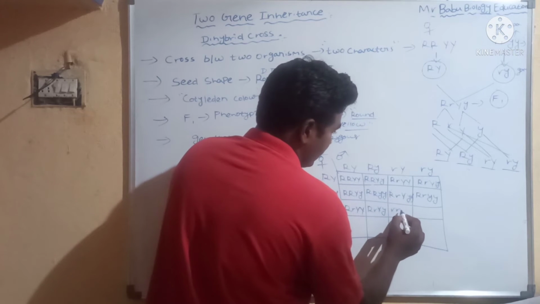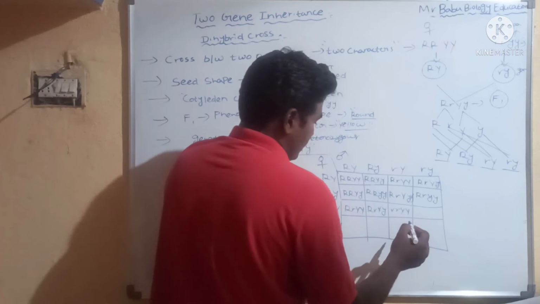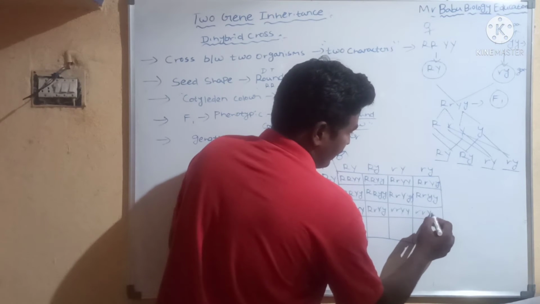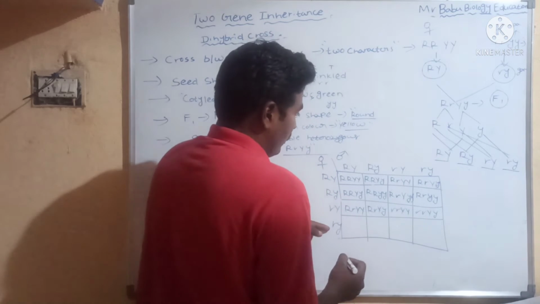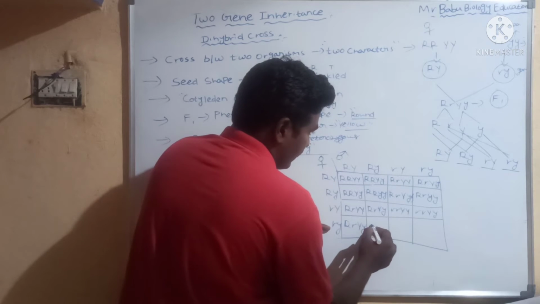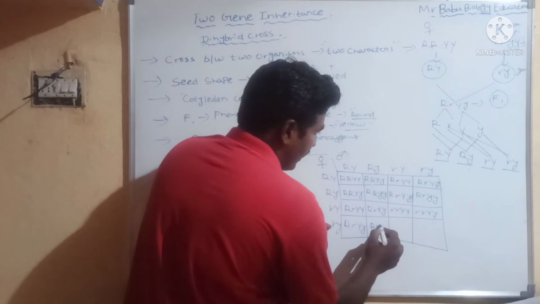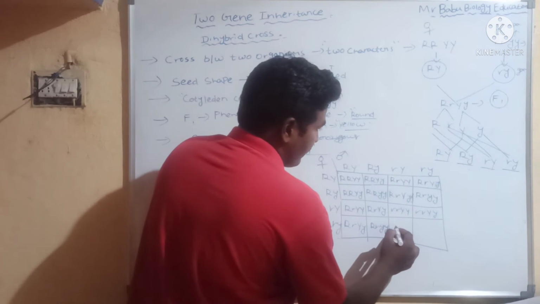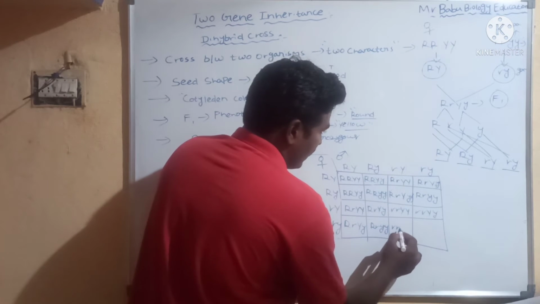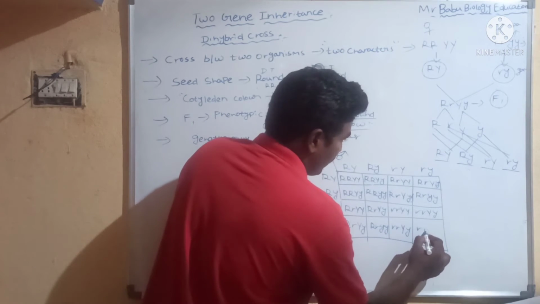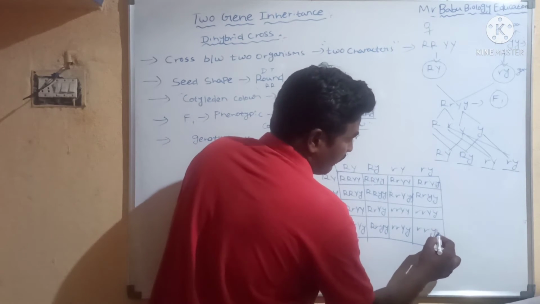Small r, capital Y, and small r, capital Y, small y. Now, last one here, capital R, small r, capital Y, small y. Capital R, small r, small y, and small r, capital Y, small y, and small r, small y.